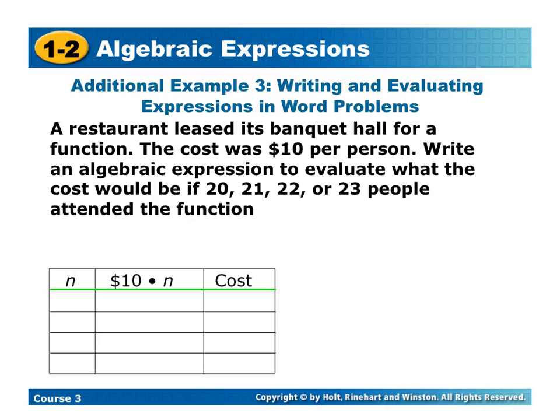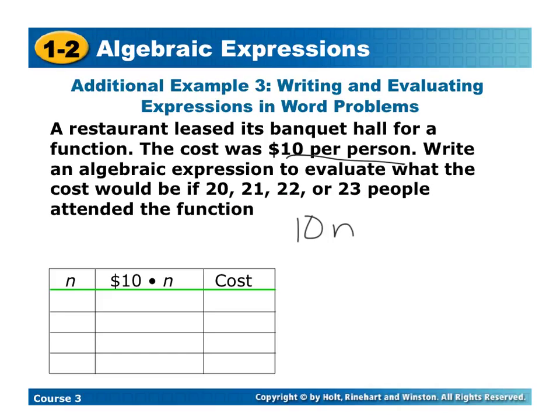Now let's look at an example. A restaurant leased its banquet hall for a function. The cost was $10 per person. We would write an algebraic expression to evaluate what it would cost for 20, 21, 22, and 23 people. So here, because it's $10 per person, we would do 10 times the number of people, which is what we see right here in our table. Now what we want to evaluate for is 20, 21, 22, and 23 because that's what they gave us.